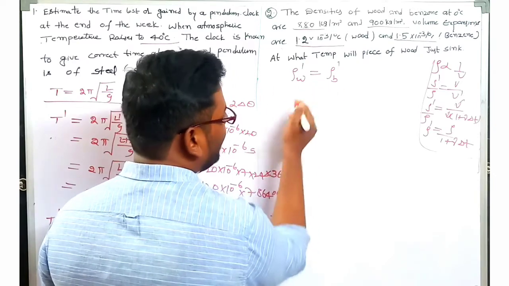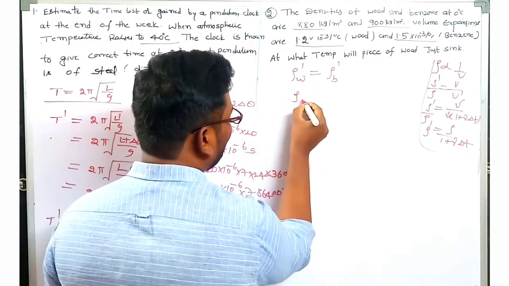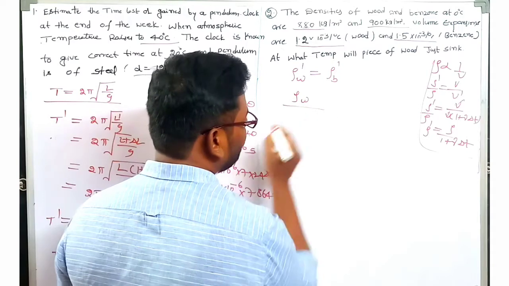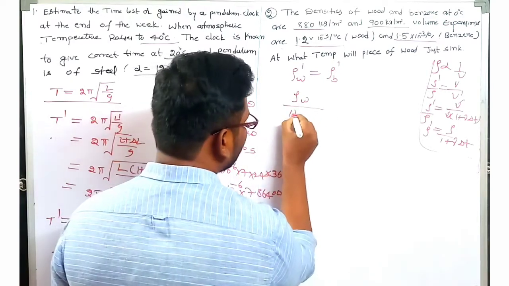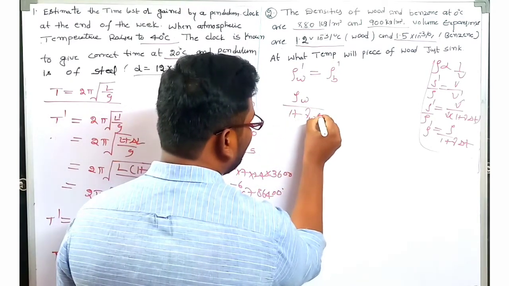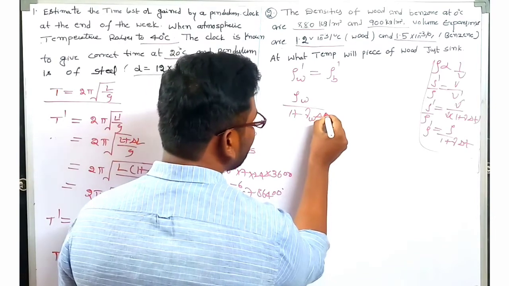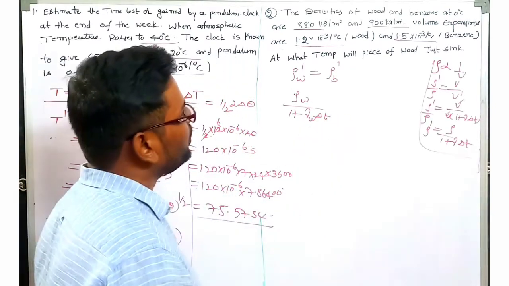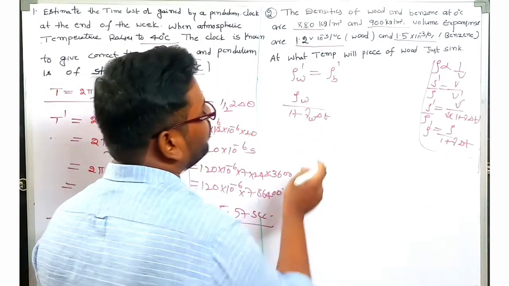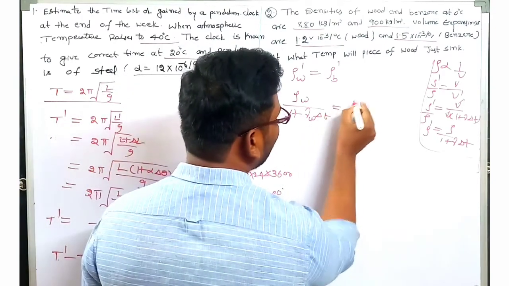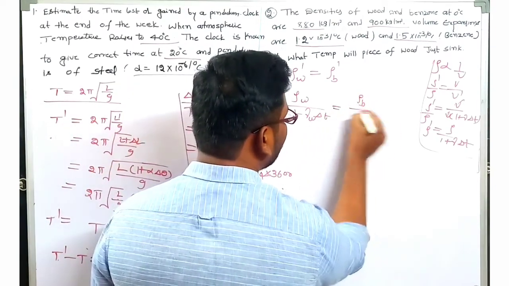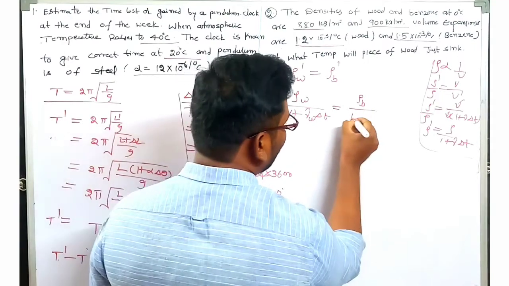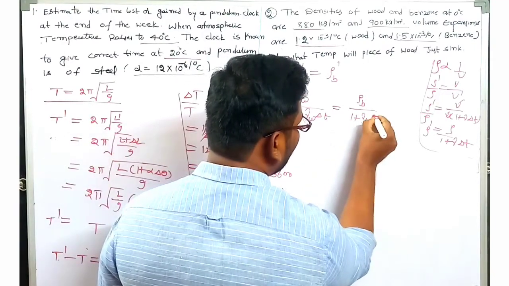Based on this we can write: rho W, the density of the wood, by (1 plus gamma W delta T), is equal to the density of the benzene, rho B, by (1 plus gamma B delta T).